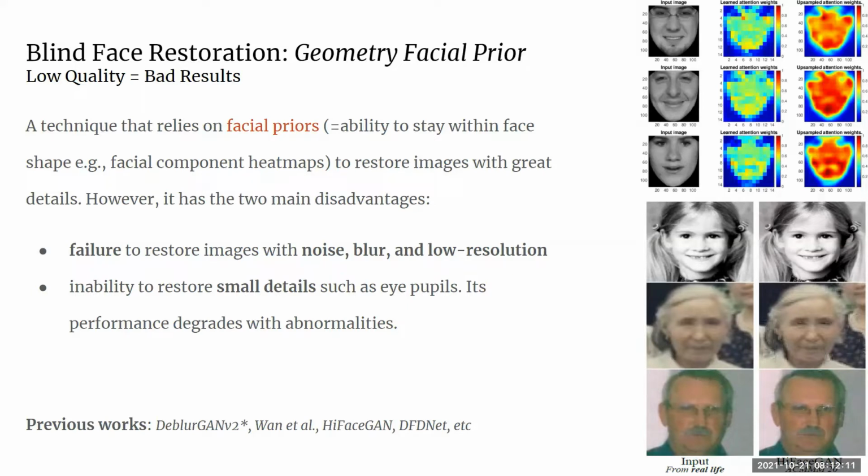The overall tendency is that whenever we have as low noise as possible, we are going to have a good representation. However, when we have more degradation, it means that we're going to have a worse result. And one more disadvantage of this approach is that whenever we have small details such as hair and, for example, eye pupils and stuff like that, the model cannot make good results out of it.